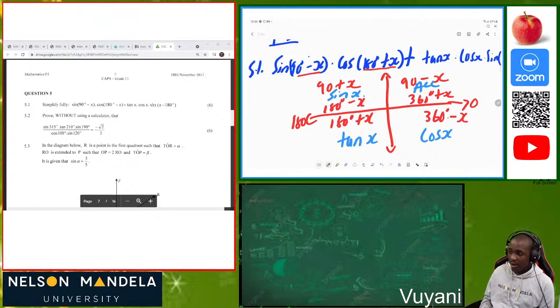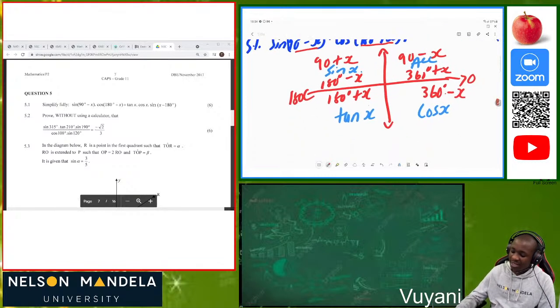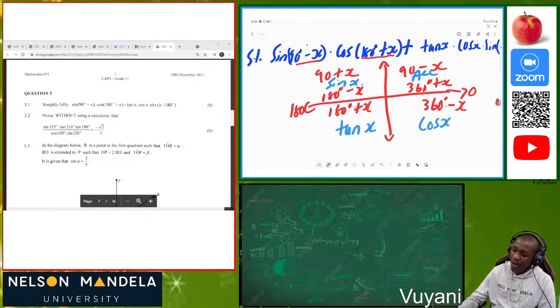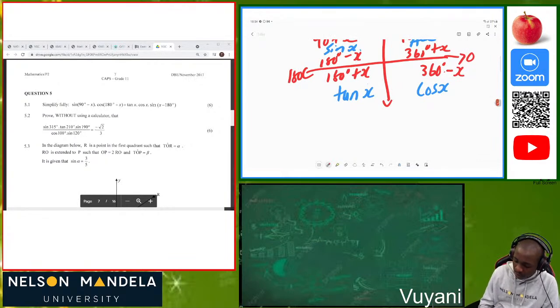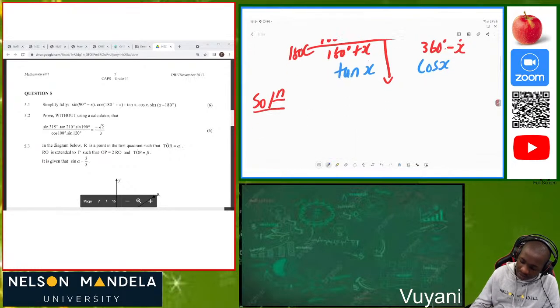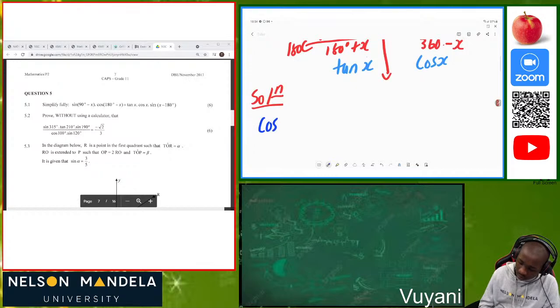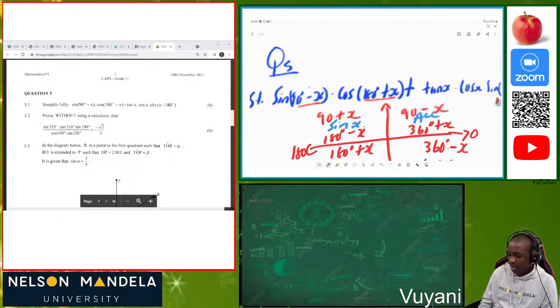Since I'm slow, I decided to draw my cross. On my cross, 90 degrees minus x is in the first quadrant. And how is sine in the first quadrant? Sine is positive, which means the co-ratio of sine is also going to be positive. Let me just write the solution here. So we're going to have positive cos of x.